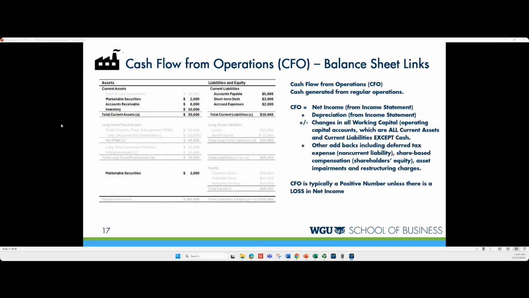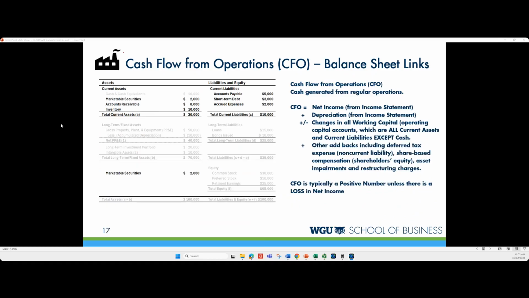Okay, so this next slide shows you where on the balance sheet you're going to see activities that are related to your cash flow from operations. Notice, it's just the top side of the balance sheet, just our current assets, which don't include cash, and then our current liabilities.